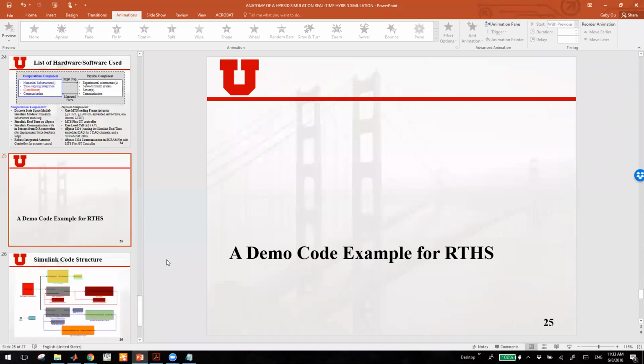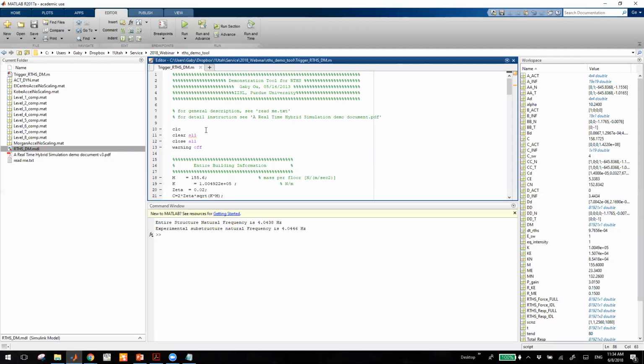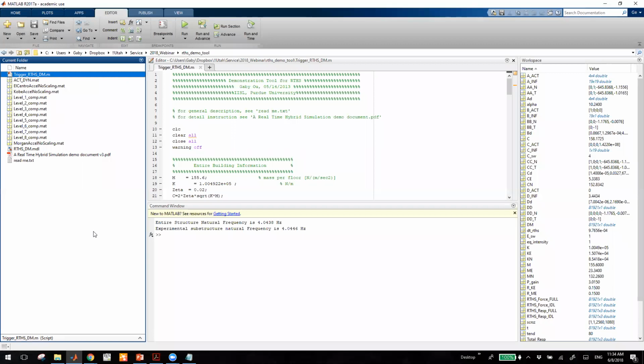So the last part is a demonstration of RTHS example. And if you have downloaded the zip file and unzipped the zip file, then you are going to see a list of files with different formats showing in your folder. And the main file we are going to run is the M file that writes all the variables for this demo code.